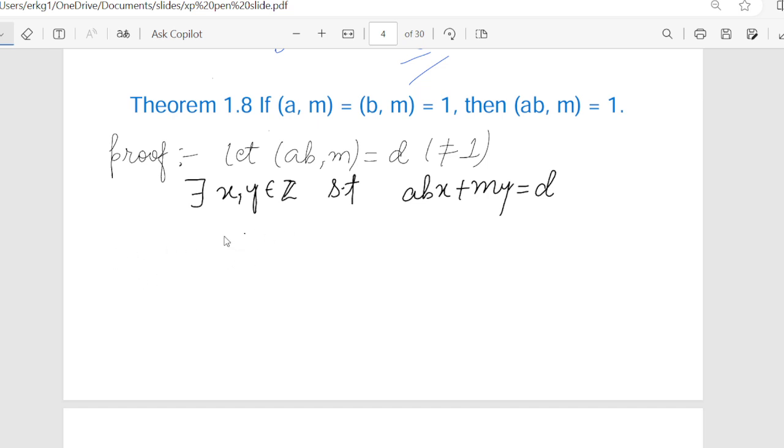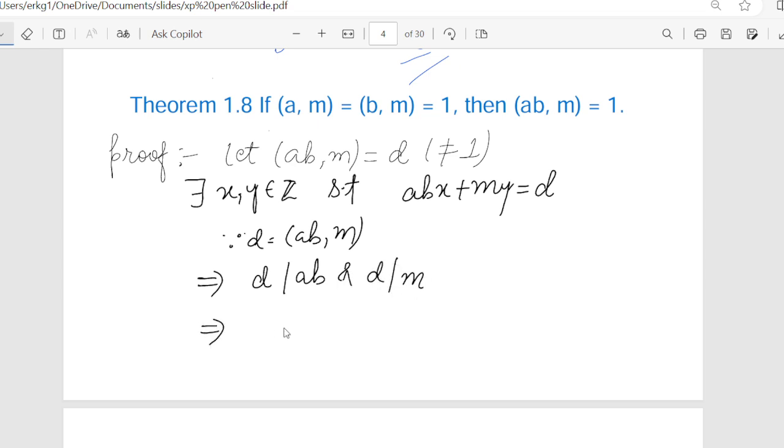Since d is the GCD of ab and m, this implies d divides ab and d divides m.